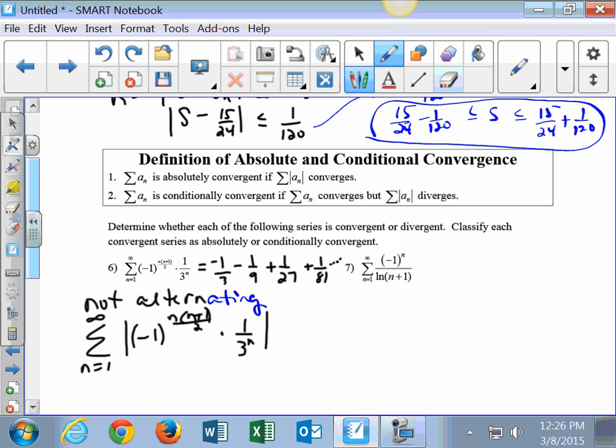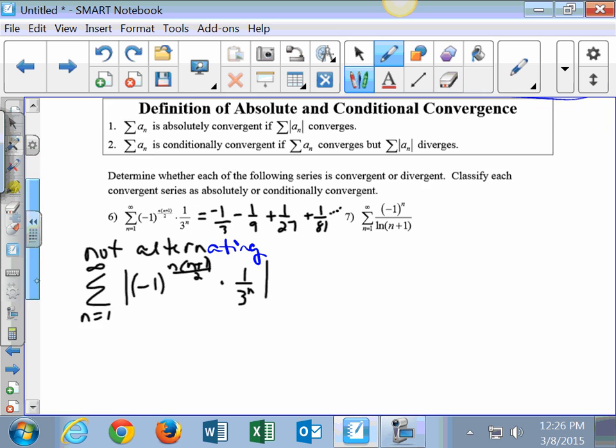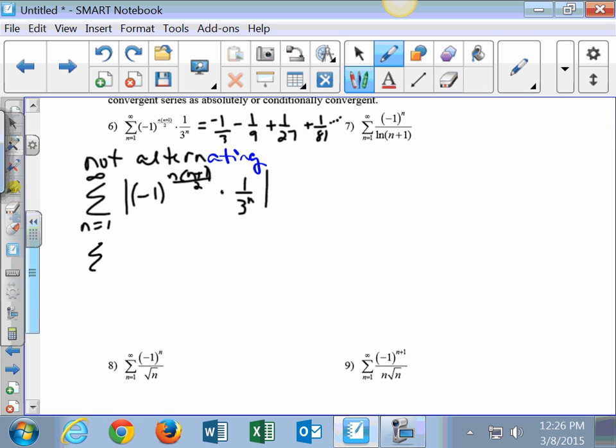If I look at that, the negative 1 to the whatever power, I really can ignore. So basically I have the absolute value of 1 over 3 to the n, which is just 1 over 3 to the n. Now hopefully you recognize that this is what type of series? Geometric, where my r is equal to 1/3, which is less than 1.